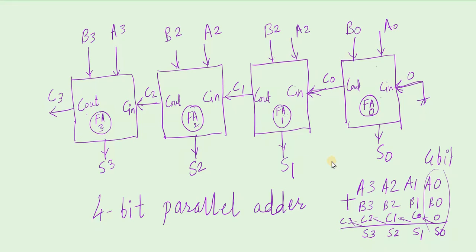Then the carry generated from the addition of the rightmost bit will be added in the next. So A1 and B1 will be added with C0 to generate S1 and C1. A2 and B2 will be added with C1 to generate S2, and A3 and B3 are added to C2 to generate S3 and C3. This becomes the complete circuit for 4-bit addition.